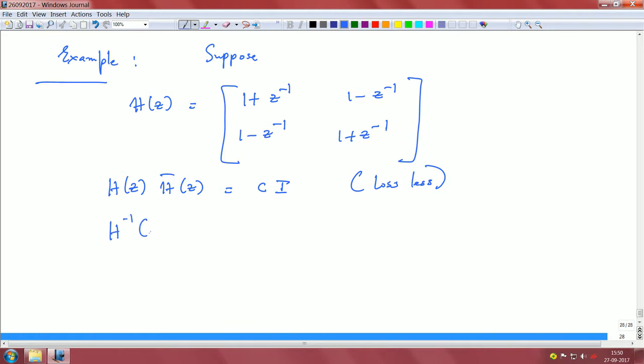If you expand H inverse of z, this is routine algebra, you could do this. It is 1 by 4, 1 plus z, 1 minus z, 1 minus z, and 1 plus z.